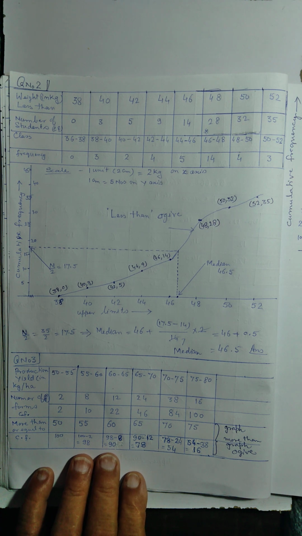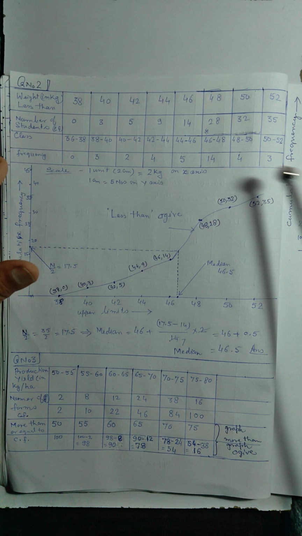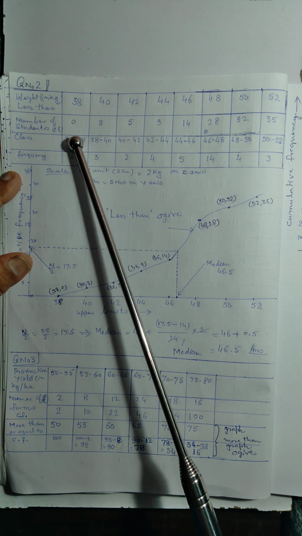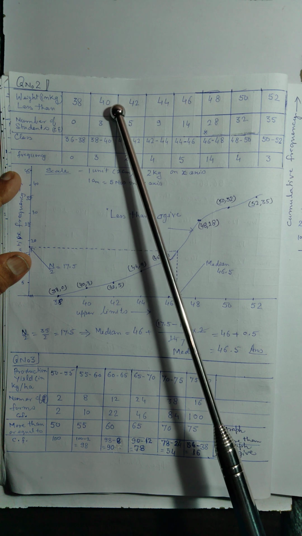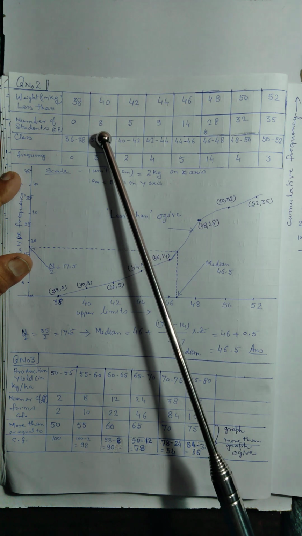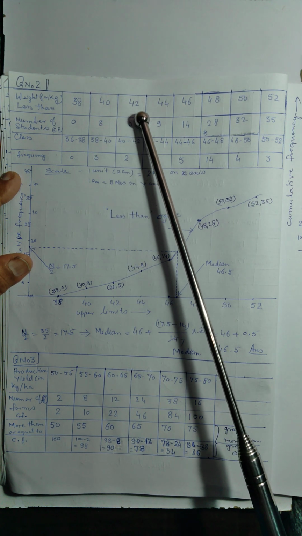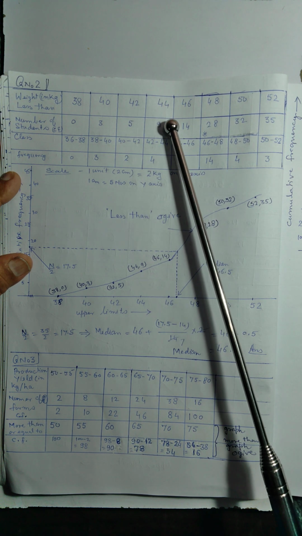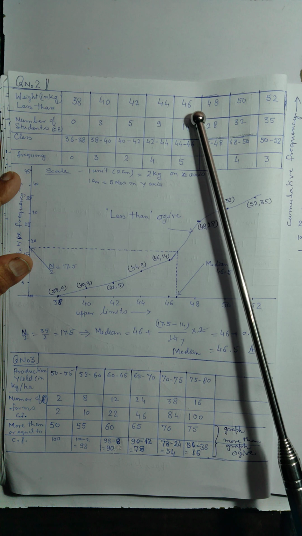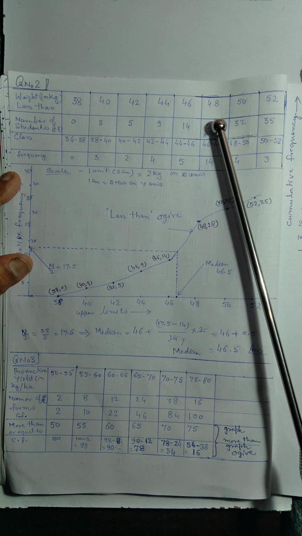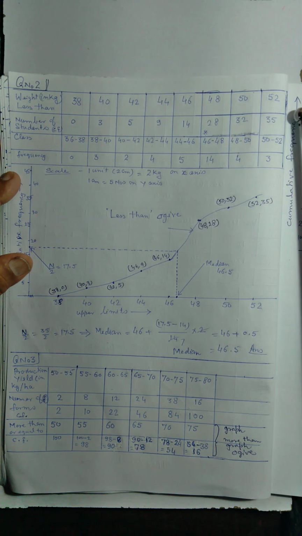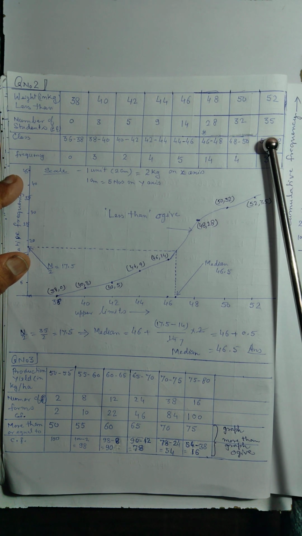Weight in kg: less than 38, 0; less than 40, 3; less than 42, 5; less than 44, 9; less than 46, 14; less than 48, 28; less than 50, 32; less than 52, 35.